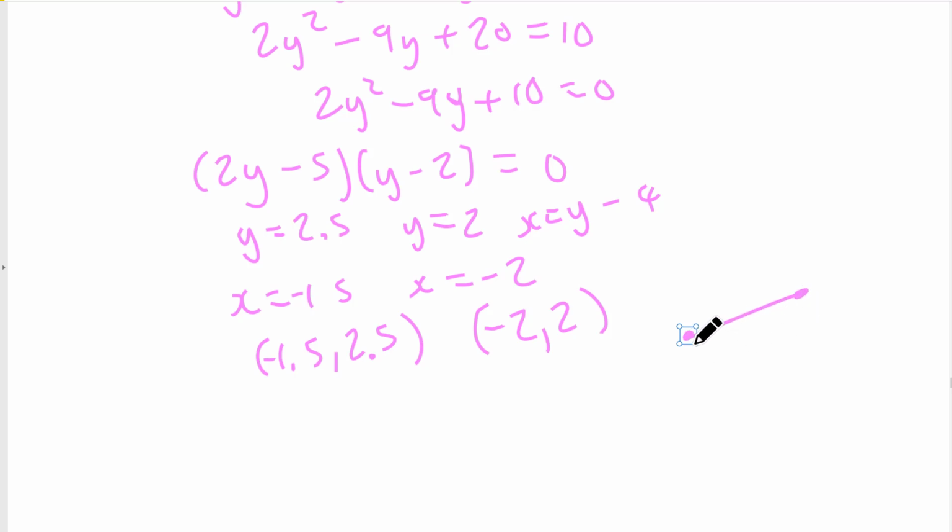Well, to find its length, we can make a right angled triangle. So let's see the difference in its width. Minus 2 to minus 1.5, that distance is 0.5. Now this is not to scale.